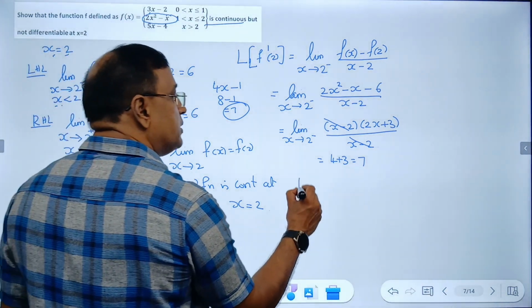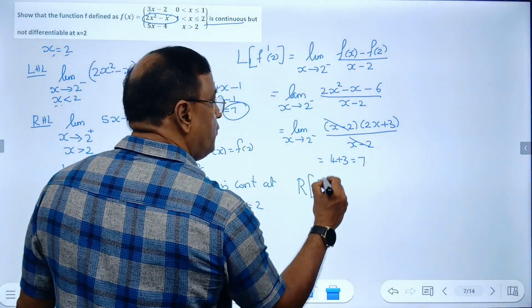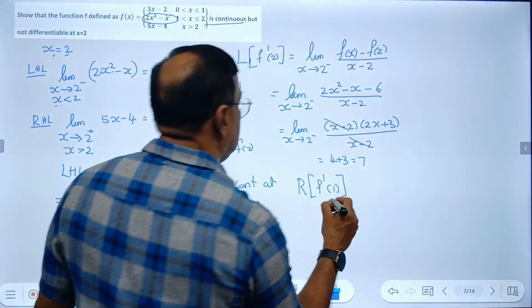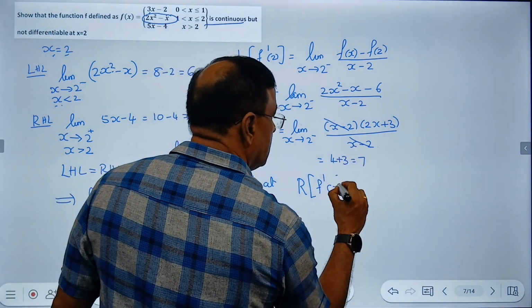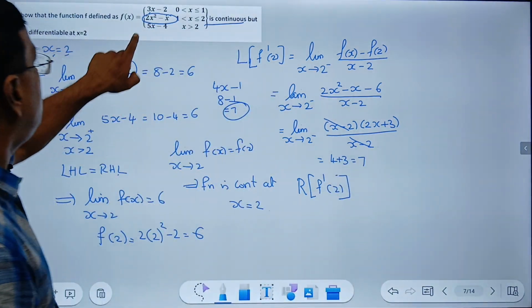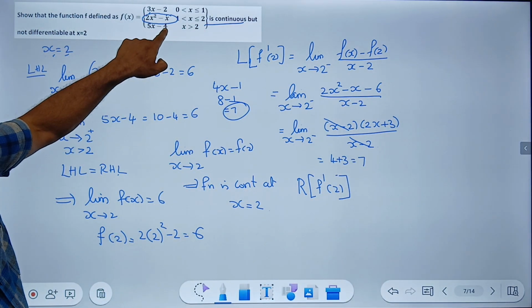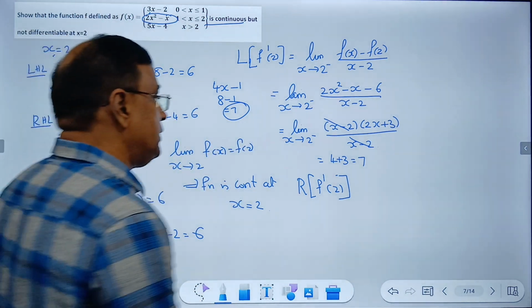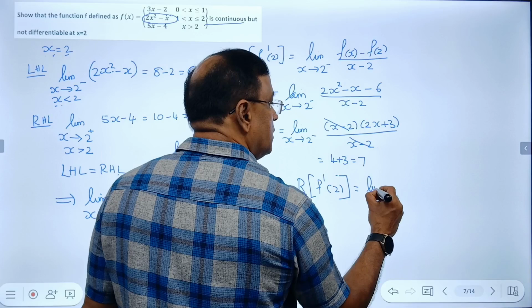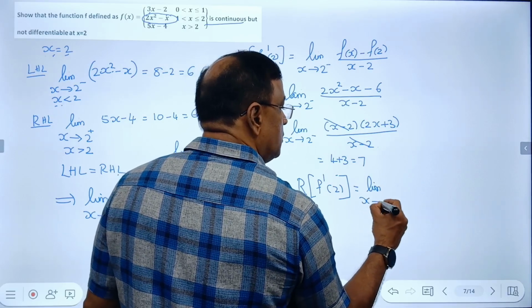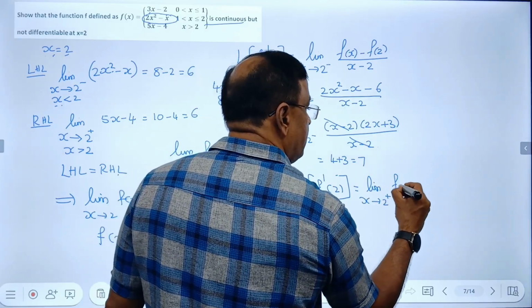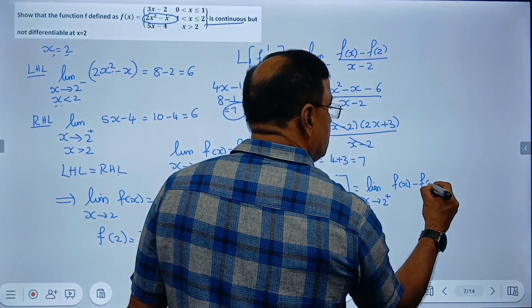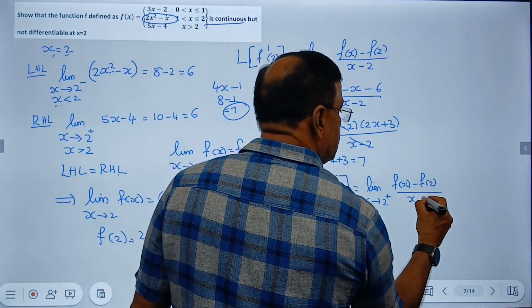So what is the right hand derivative? Let us see. When you differentiate 5x minus 4, you get 5. So definitely your right hand derivative should be 5. Okay, let's see whether we get it. So limit x approaches 2 plus, f of x minus f of 2 divided by x minus 2.